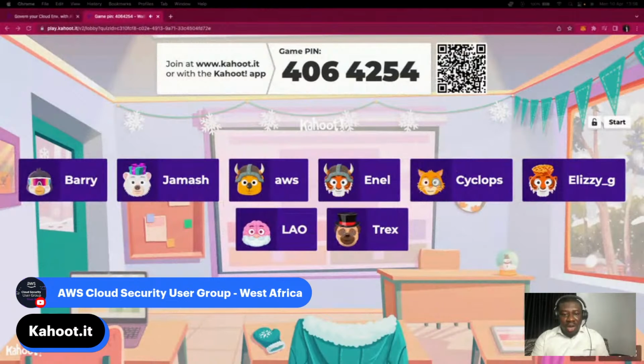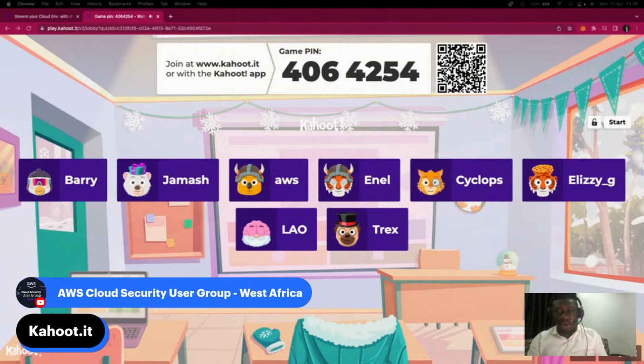I see about 16 to 17 people connected, but I'm seeing just 8 people playing this quiz session. Is it that the rest are not interested in the voucher? What's happening?